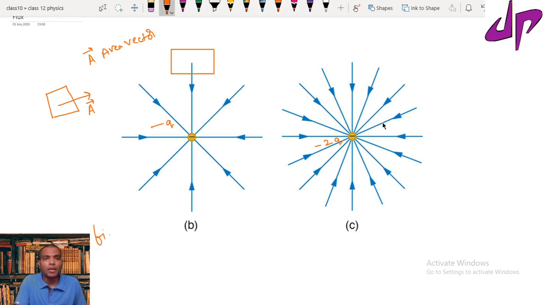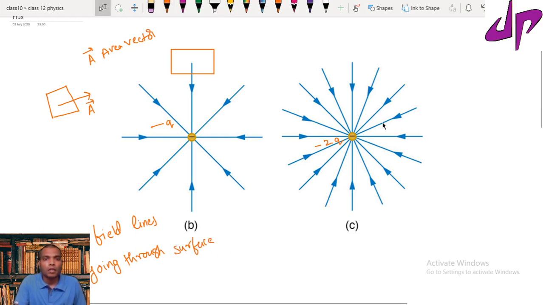Number of field lines going through the surface equals 1. That's correct. Here only one line is going through it.